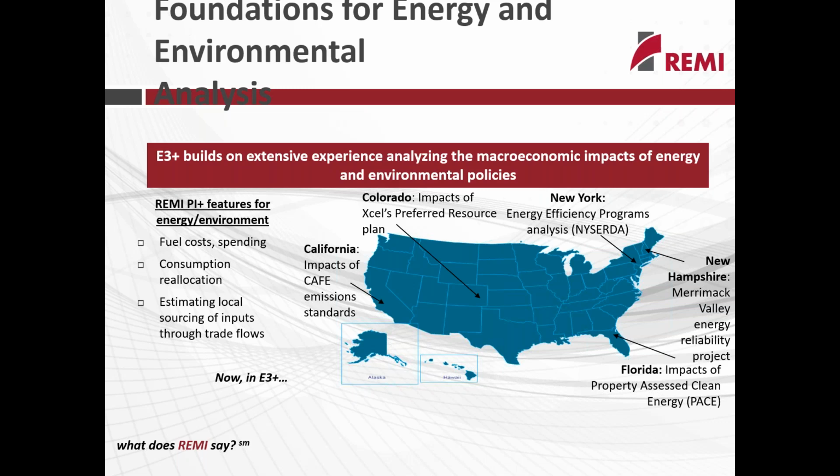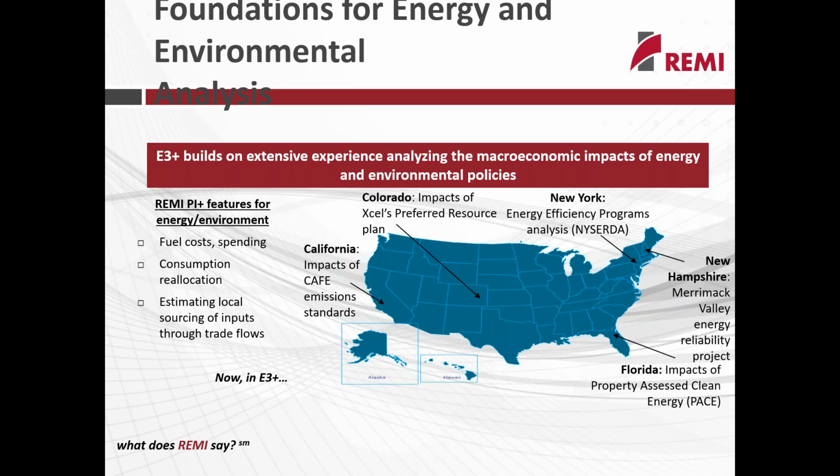To reiterate, you don't need the E3 Plus model for analysis of energy and the environment. Our flagship model PI Plus has policy variables such as fuel costs and consumer spending, and you can manually use output as a policy variable, specifically in sectors such as petroleum mining or coal mining or petroleum production.